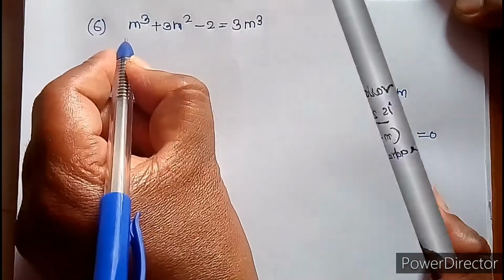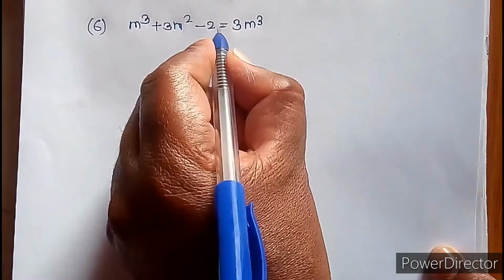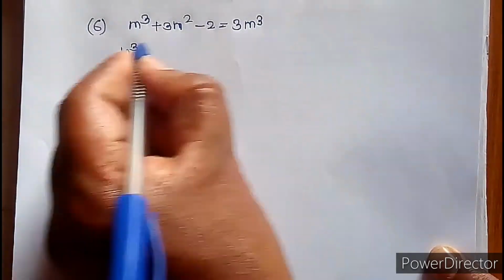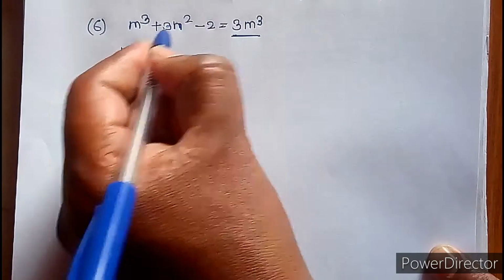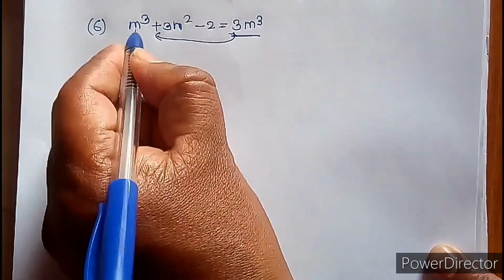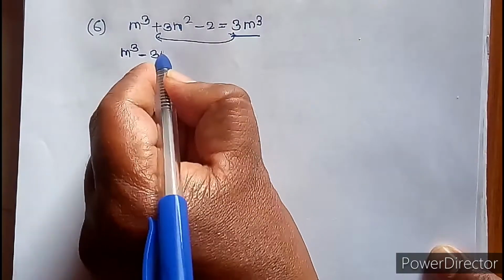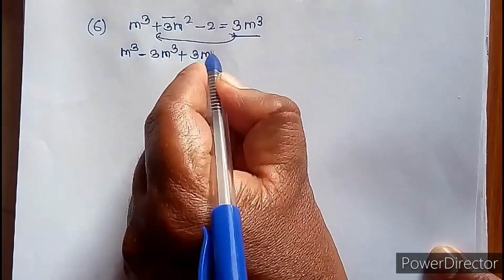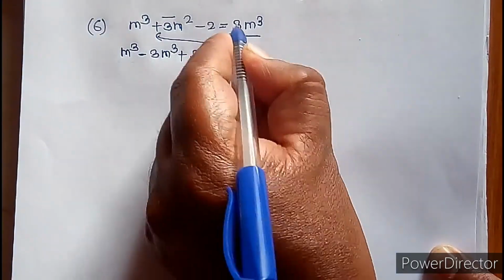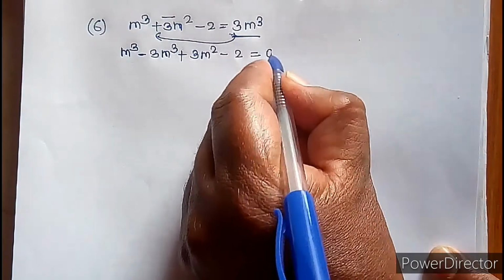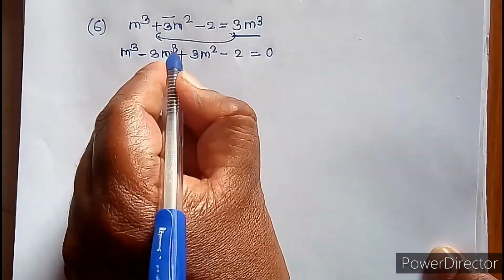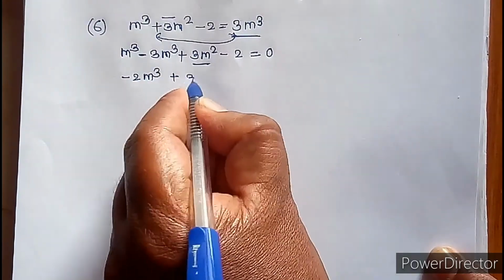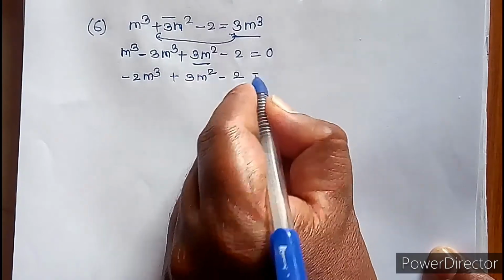Sixth equation is m cube plus 3m square minus 2 equals 3m cube. Now on solving this, 3m cube is shifted to the left-hand side, then m cube minus 3m cube plus 3m square minus 2, and this is shifted to the left-hand side, therefore here remains only 0. m cube minus 3m cube, that is minus 2m cube plus 3m square minus 2 equals 0.